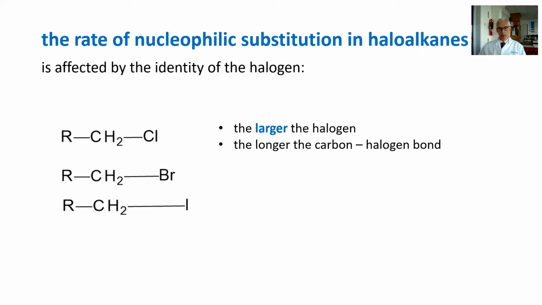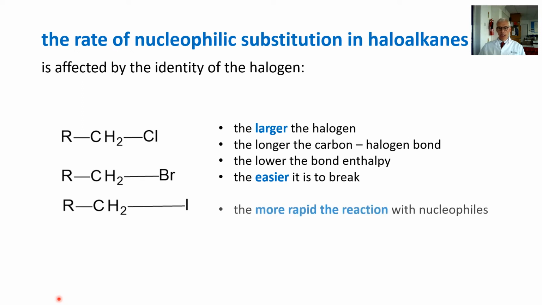And if the bond is longer, for instance carbon-iodine compared to carbon-chlorine, then that bond has a lower bond enthalpy. If that bond has a lower bond enthalpy, it is easier to break. And therefore an argument based on bond length would be that the iodoalkane would have more rapid reaction with nucleophiles.